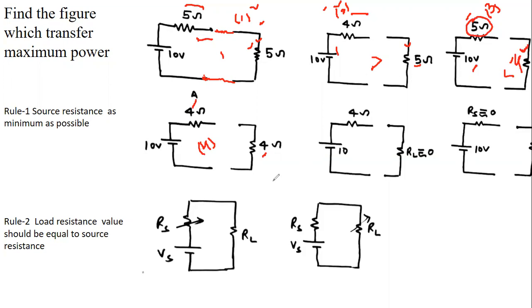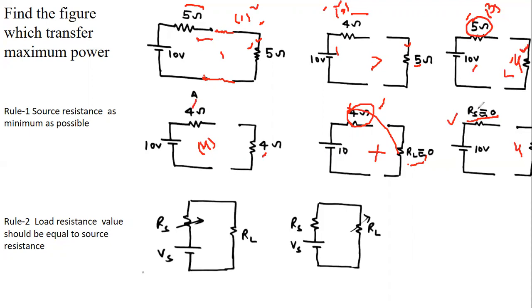Now if we fix the source resistance Rs equal to 4 and make the load resistance 0, it does not consume power because the power is I square RL, so RL is always required. So when you fix the value of Rs, RL should be equal to the source resistance. Next case: if you make Rs equal to 0 and take the load as 4, this is the maximum case of power.